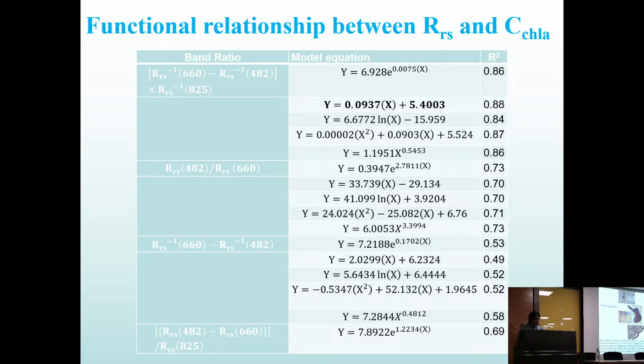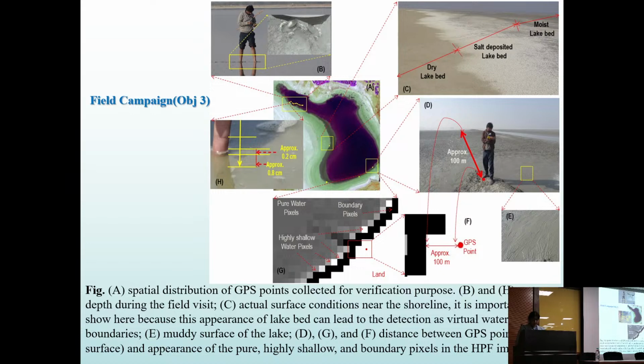The second is exact, extensive field work with GPS, meaning what is the location of the sandy beach, what is the location of the moist layer, and what is the location of the exact water extent, from where it is starting.